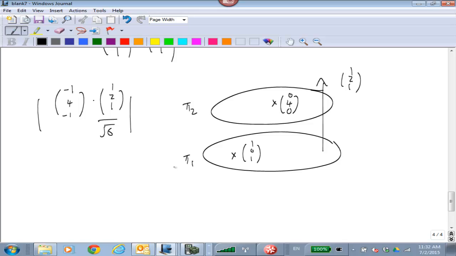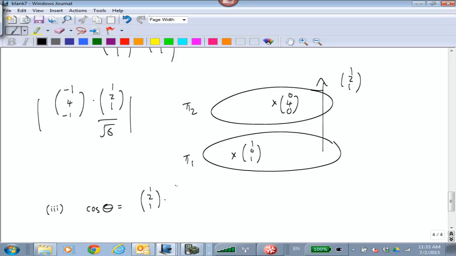Then show that the acute angle between L and plane 1 is 60 degrees. Do you know how to find the angle between a line and a plane? So part 3, sorry. Cosine theta equals the plane 1 vector normal, 1, 2, 1, with the line.